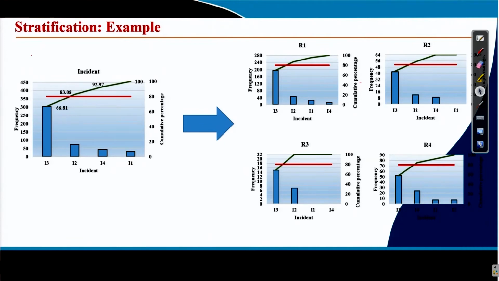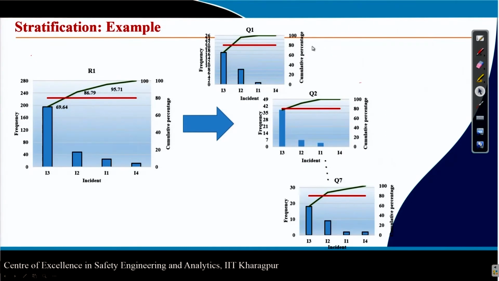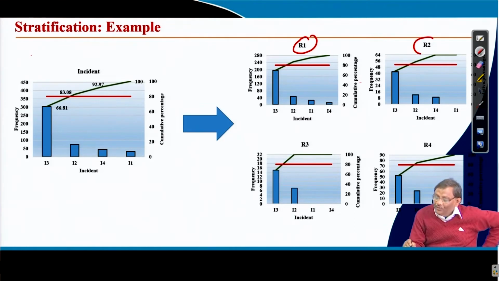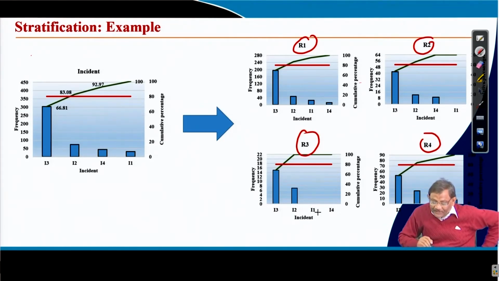Now, if you want to see what is happening from the risk control point of view, because ultimately it may so happen that the risk control system has different types of capacity for reducing or influencing the different types of incidents. Here, if you see the data from the control system also, suppose R1, R2, R4, R3, you are getting a different picture.